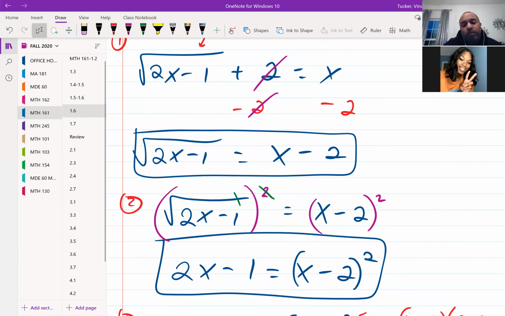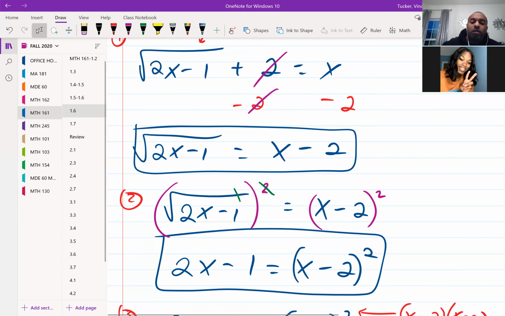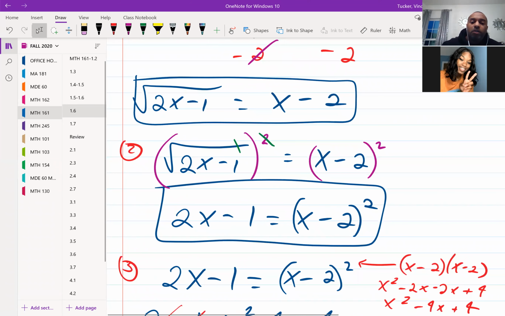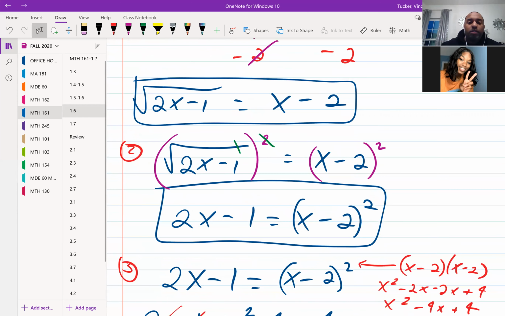And then on the right is x minus 2 squared.